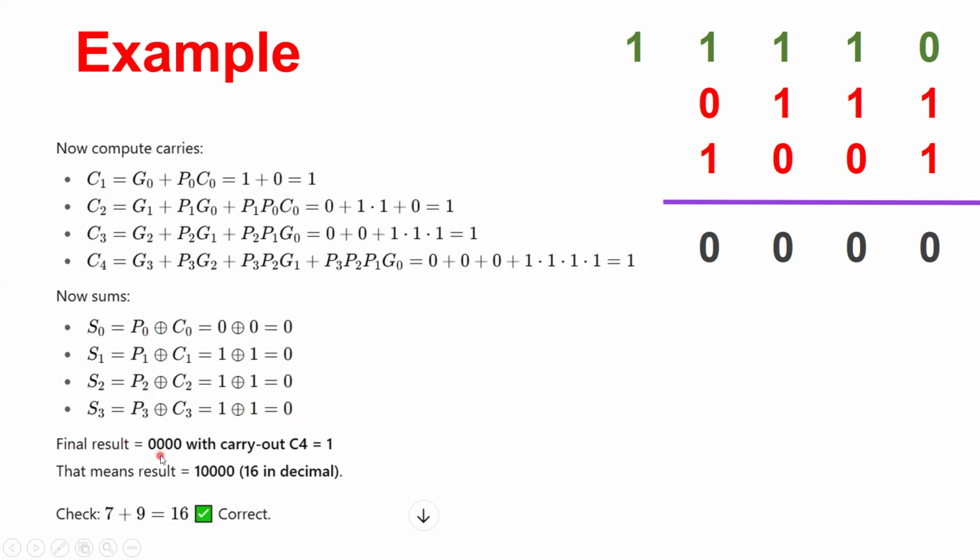So the final sum is 0, 0, 0, 0, but with the carry out C4 equal to 1, which you put in as the MSB, the result becomes 5 bits: 1, 0, 0, 0, 0. That is decimal 16, that is 7 plus 9 equal to 16. So this is how the carry look ahead adder works.